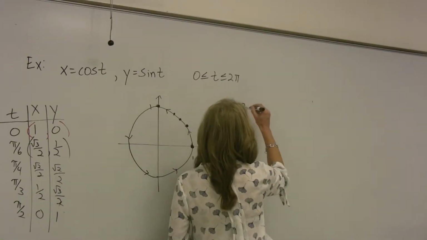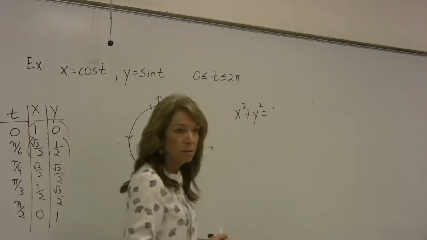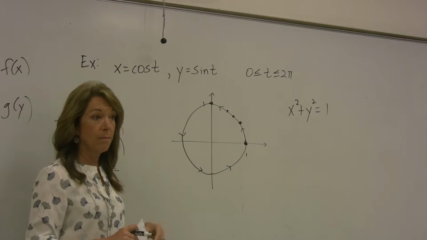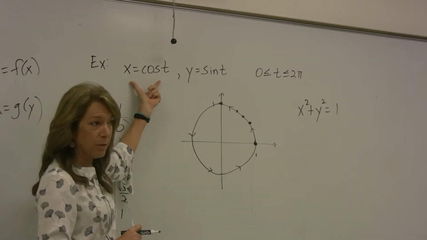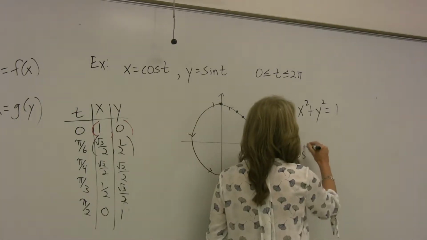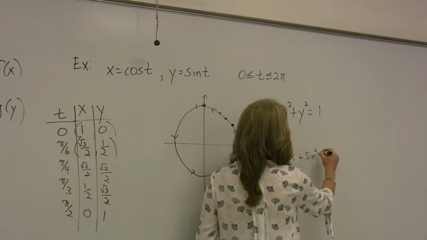We already know the equation of that circle, because the radius is 1, is this. Well, imagine if we take these parameters. X is cosine, so cosine squared. Y is sine, so sine squared.